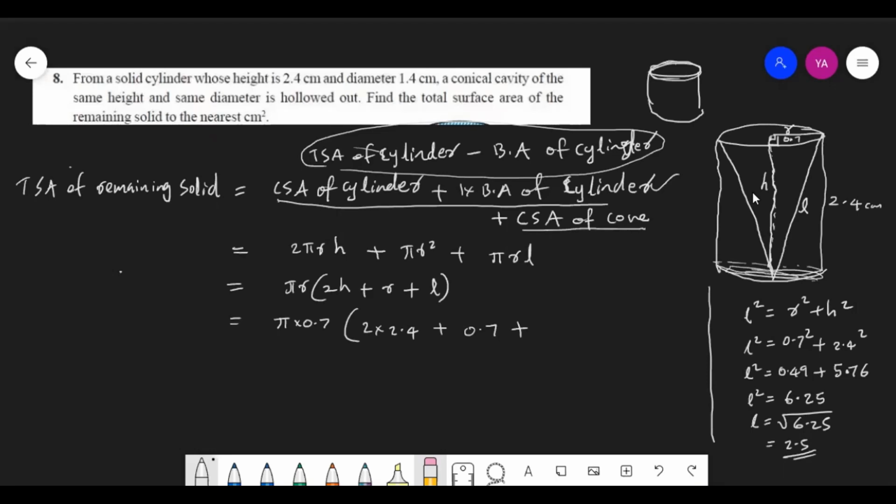This much centimeter. So that value we can substitute here in pi R L. Pi R is taken outside, and L is 2.5.